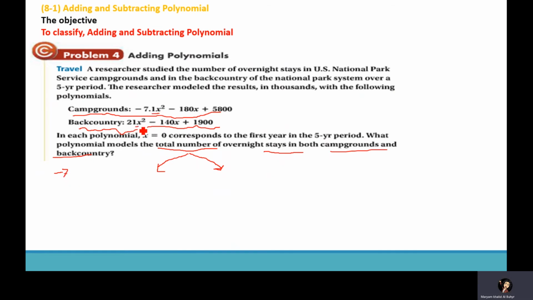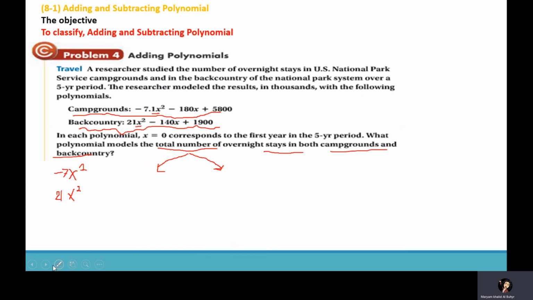This term with this term, they are like terms. That means I can add them or subtract them together. So 7.1 x to the power 2, and I'm going to write down 21 x to the power 2.